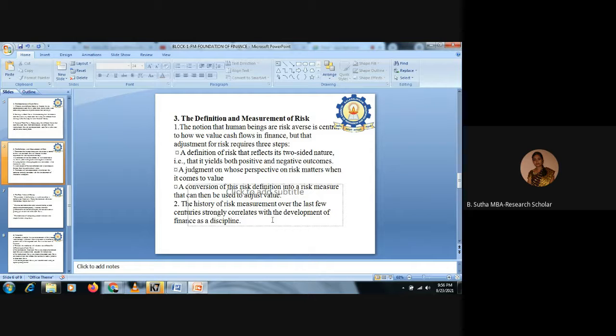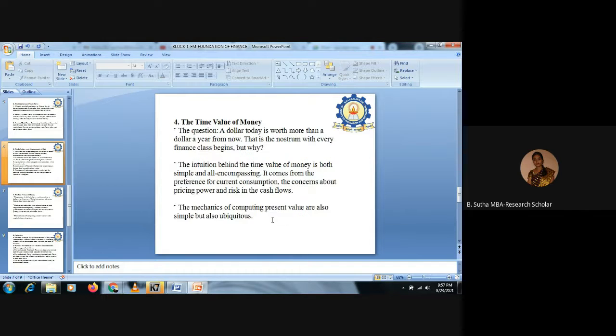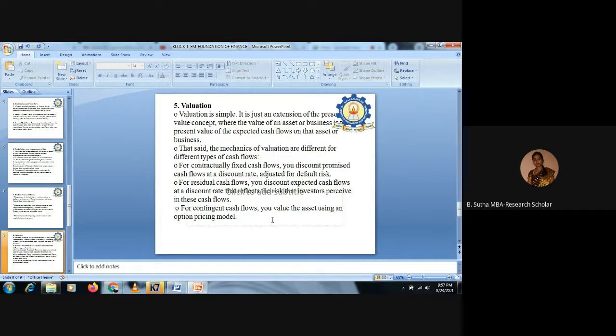Anybody who works in finance has to have this, which brings us to valuation. We'll have an entire class on valuation, but I'm going to start off by saying something: I don't believe valuation has to be complex. In fact, to understand valuation you have to go back and think about those three kinds of cash flows I talked about. Valuation is different depending on the type of cash flow.